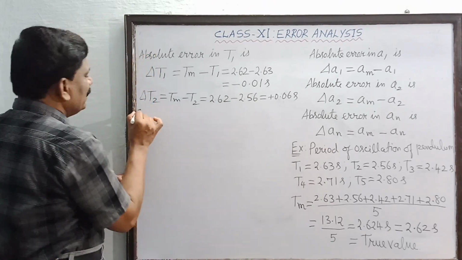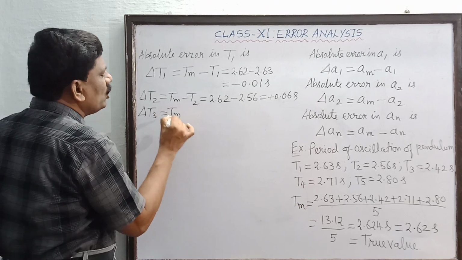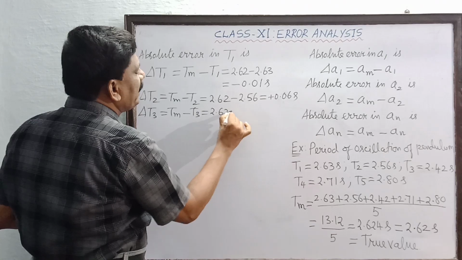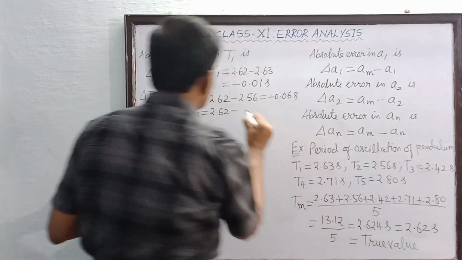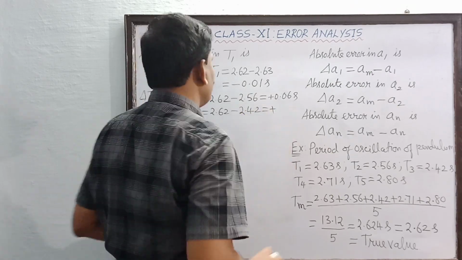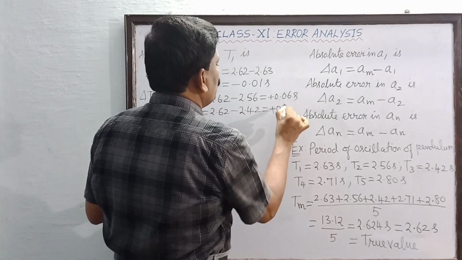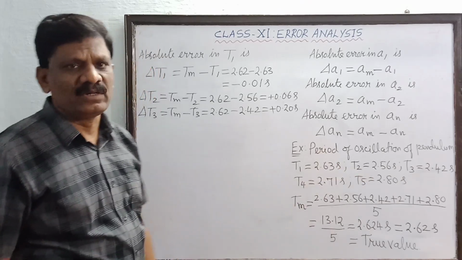Now the absolute error in the measurement of T3 is equal to T mean, the true value, minus the observed value T3. So this is 2.62 minus 2.42. So this is smaller, so what is this? Positive. So this must be 0.20 second.